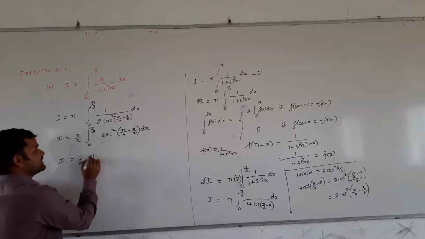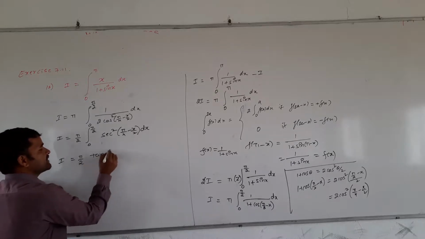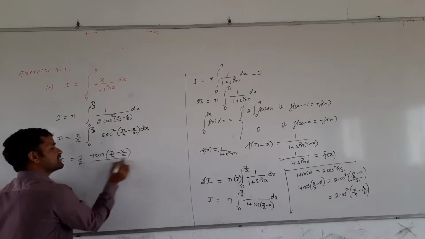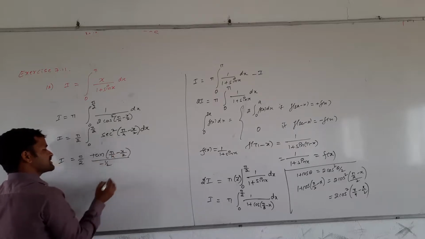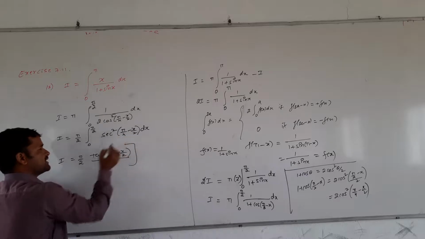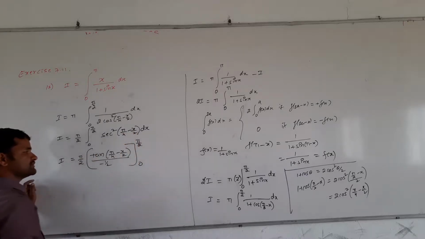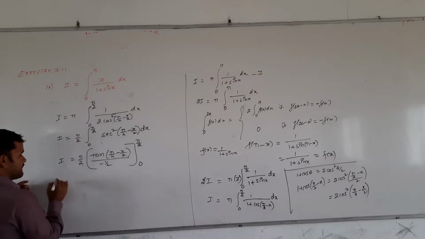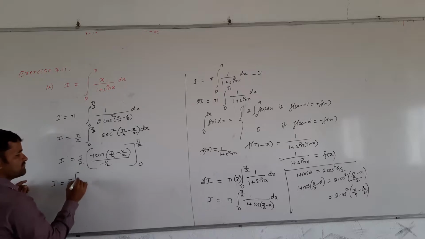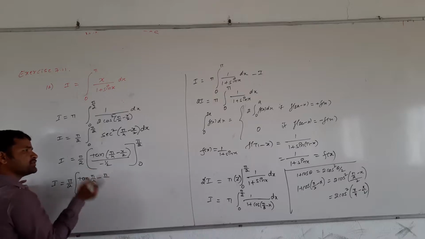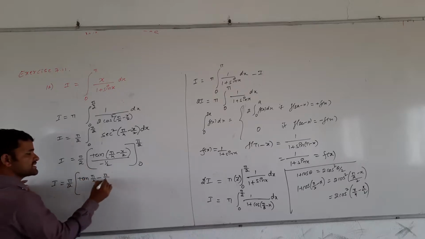Yes, we write here tan of pi by 4 minus x by 2 divided by the coefficient of x. The coefficient of x is minus 1 by 2, from 0 to pi by 2. I is equal to pi by 2 outside as it is. Substituting the upper limit, tan of pi by 4 minus pi by 2 by 2, 90 by 2, it is nothing but 45.